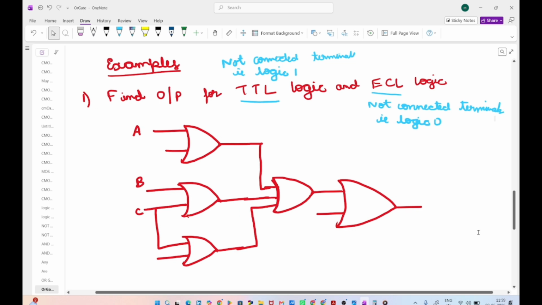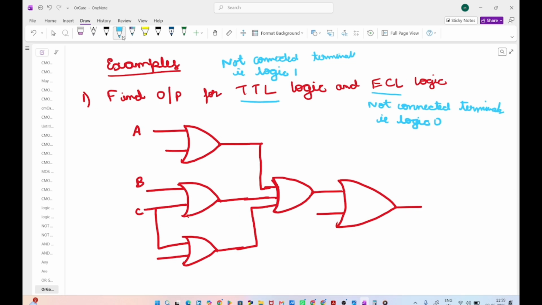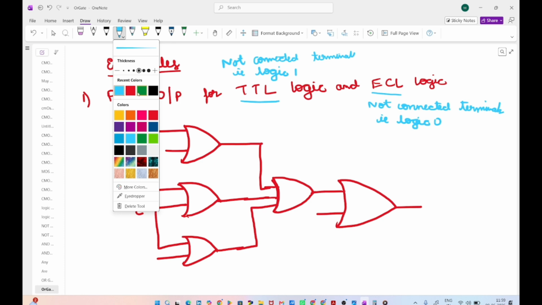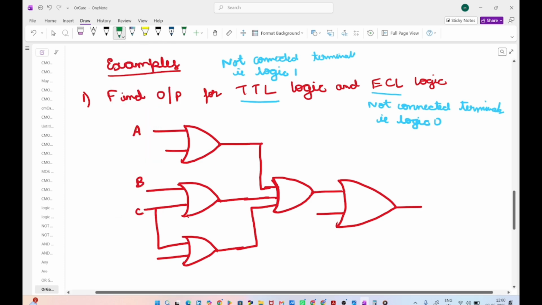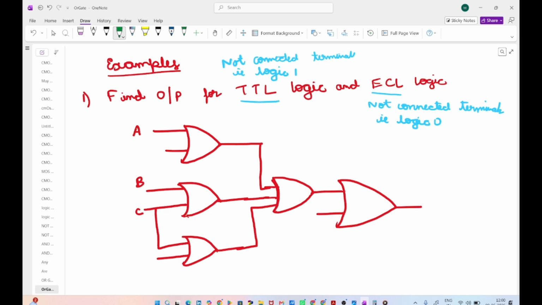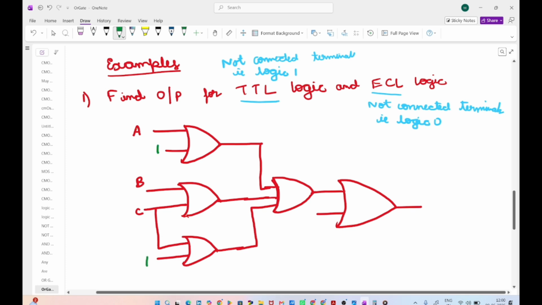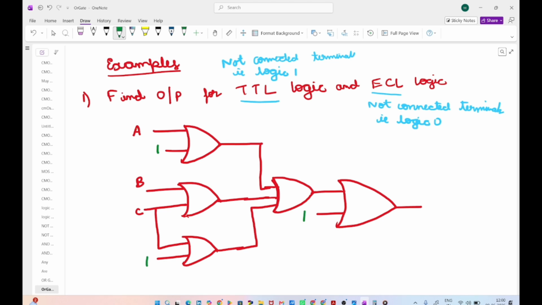Let us change this color to green. Let's first find the output for TTL logic, where the not connected terminal is logic 1. Here 1, and 1 here. We know that when one input is A, the other input is 1, the output is 1. Here, the output is B plus C. Here also the output is 1.